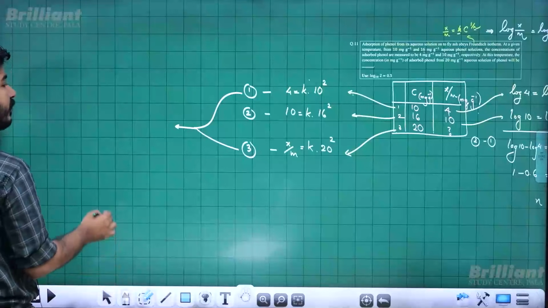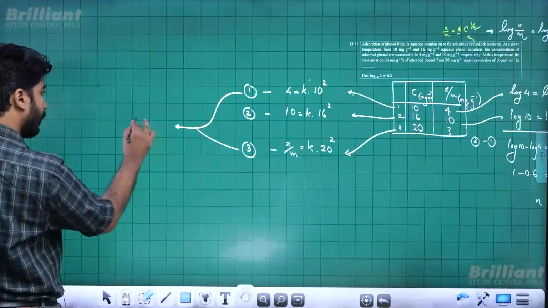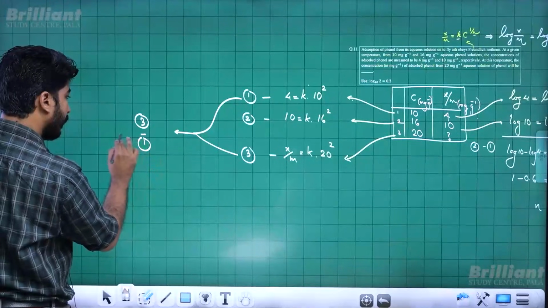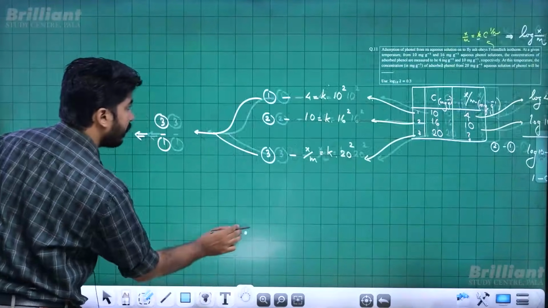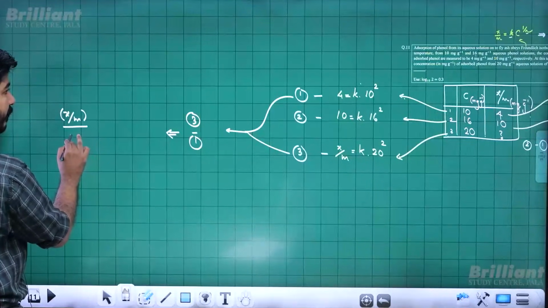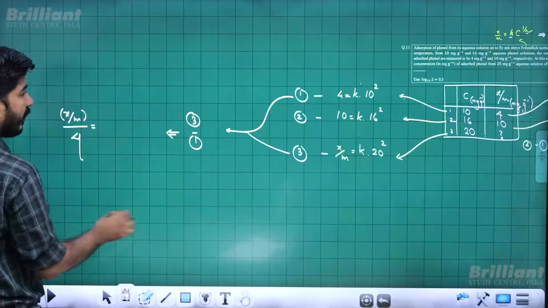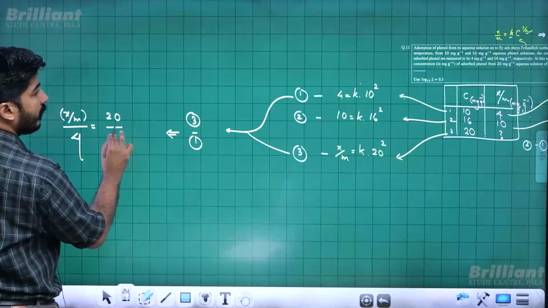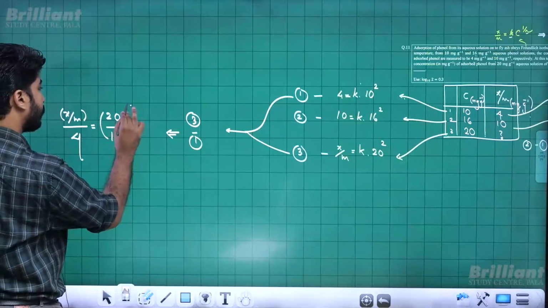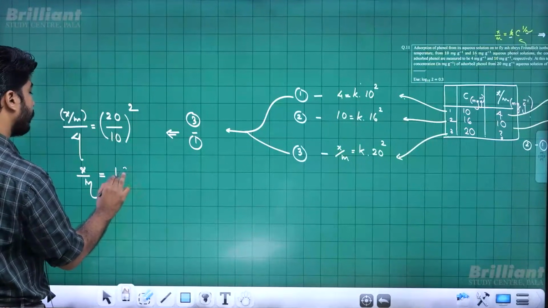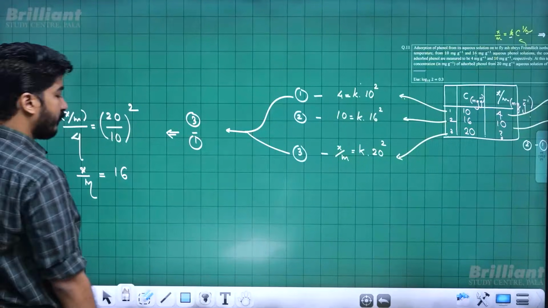If we use 1 and 3, that means if we divide equation 3 by equation 1, we get x by m divided by 4 is equal to 20 squared divided by 10 squared, as K cancels out. So in that case, x by m is obtained as 16, a perfect answer.